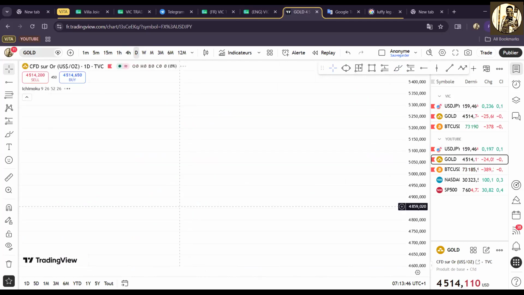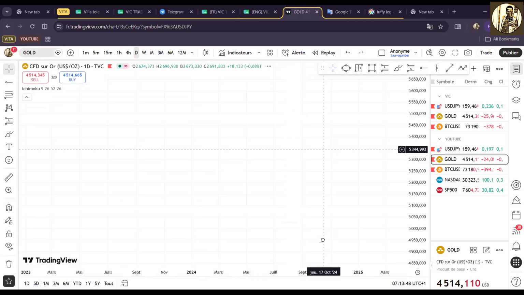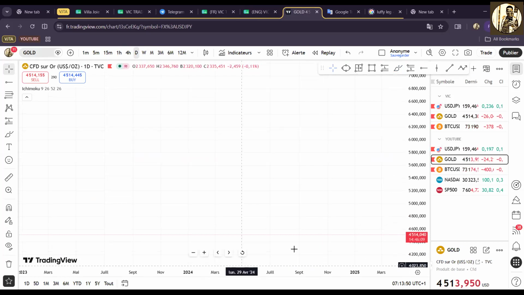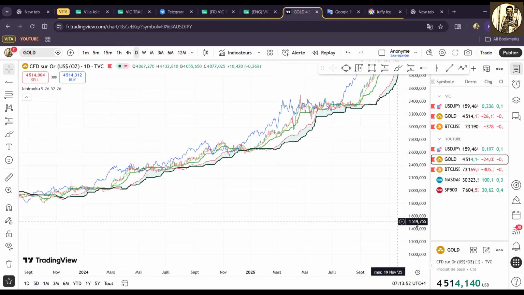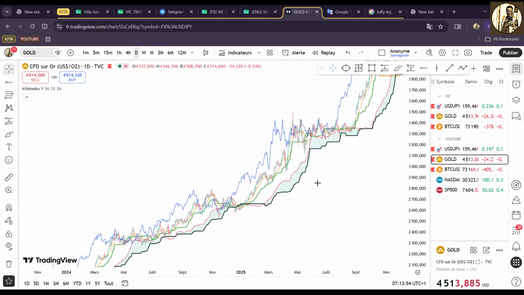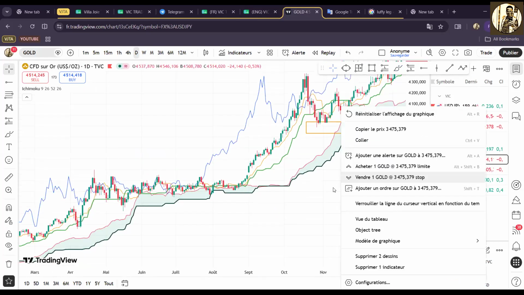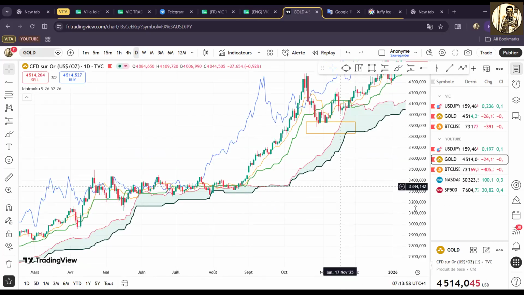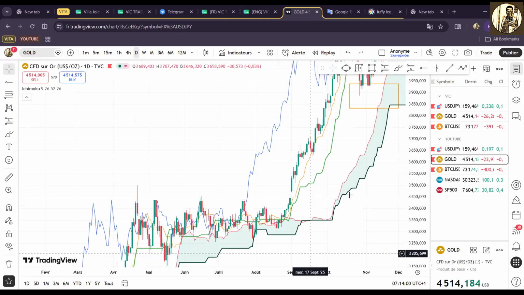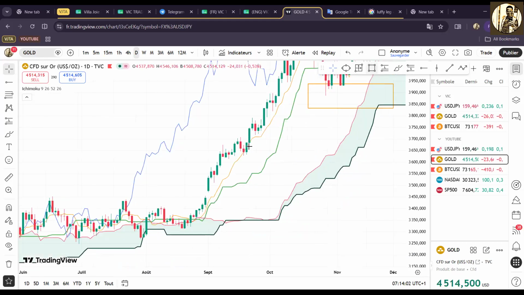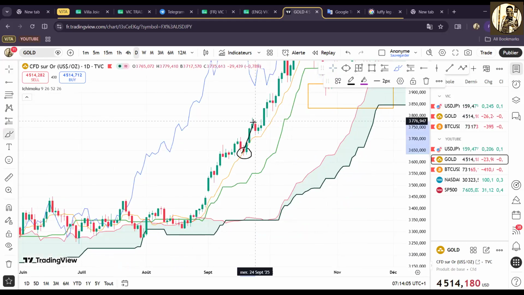Let's say, for example, that you are in daily. You will see that Tenkan is one of the best that gives a lot of power. Look, for example, when the price touches Tenkan, it goes directly to the upside. But sometimes when the price touches Kijun, it goes below the low again.